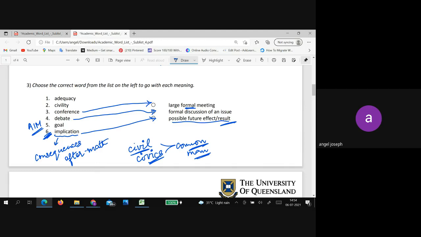The aftermath of the floods in Kerala was shivering. What do you mean by this word aftermath? They all mean the same: the after effect, the future effect, the consequences. So implication is another word for consequences. Let me give you an example here.